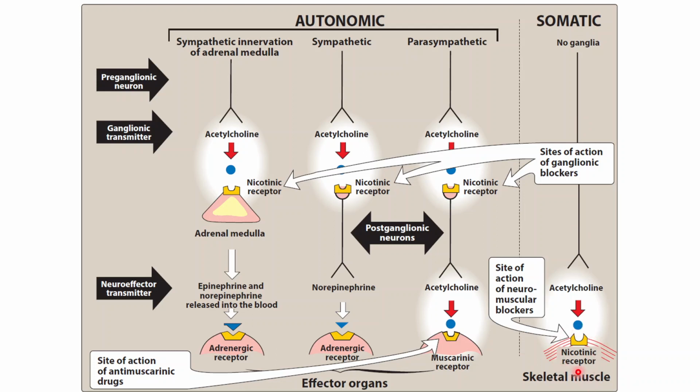We have nicotinic muscular type receptors. So nicotinic receptors for the ganglionic blockers and neuromuscular blockers, and muscarinic receptors for the anti-muscarinic drugs.